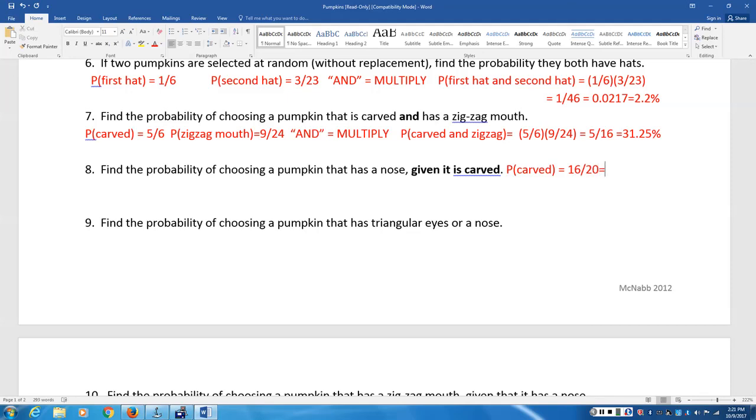And 16 out of 20 is 8 out of 10 or 4 out of 5, which is equal to 80%. I'll let y'all verify that for yourselves.